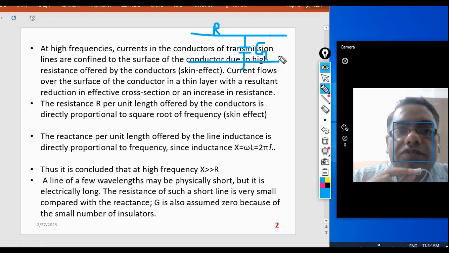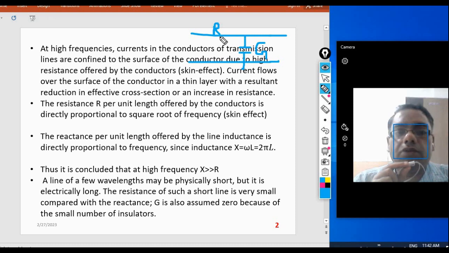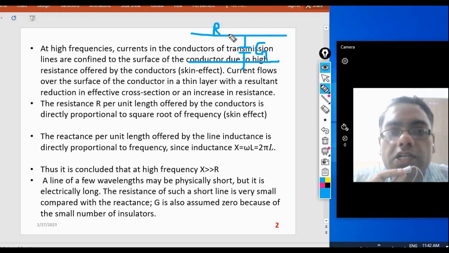Now, as the frequency of the signal increases, the resistance offered by the conductor increases due to skin effect. From skin effect, we know that due to high resistance offered by the conductor with increase in frequency, the current generally resides on the surface of the conductor.